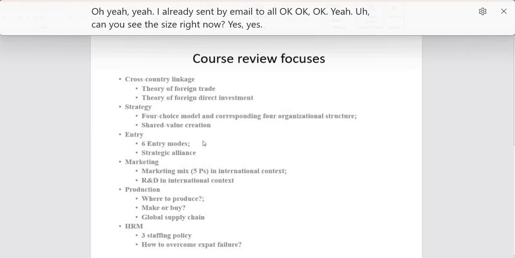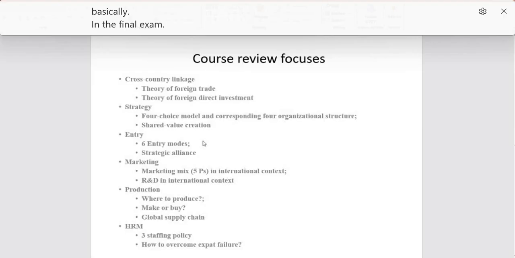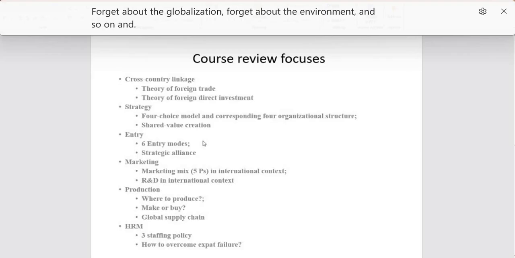Yes. Oh, good. Look, basically, in the final exam, we pretty much focus on decision making. Forget about the globalization, forget about the environment, and so on, and we focus on the decision making. The format is a kind of case.